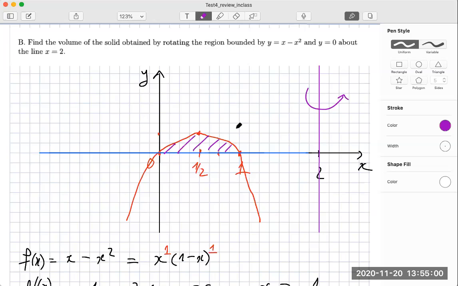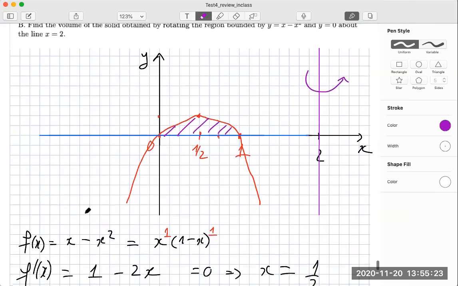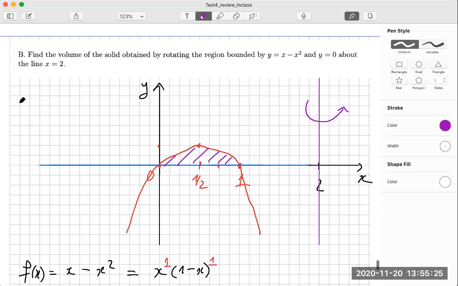What do we need to know? And which formula should we use to find the volume? It is in 6.3, right? So, yeah, cylindrical shells, right? In that formula, we need to know the volume.